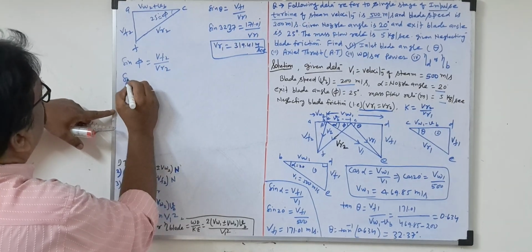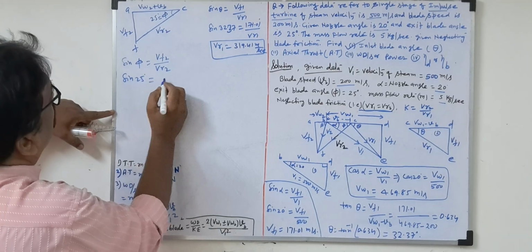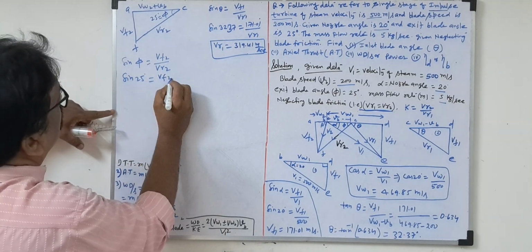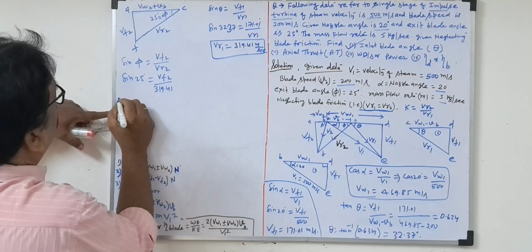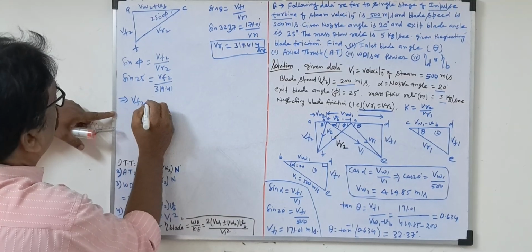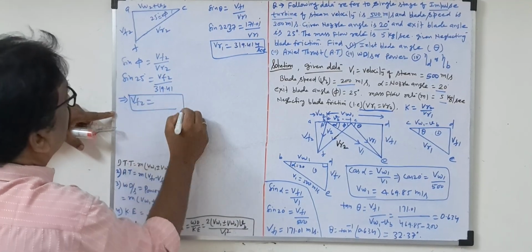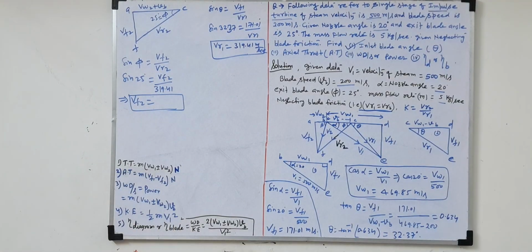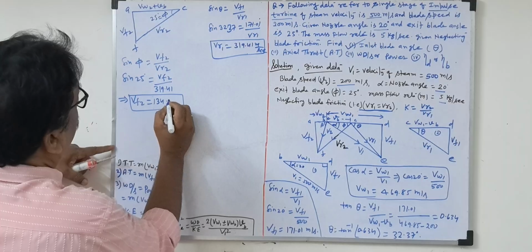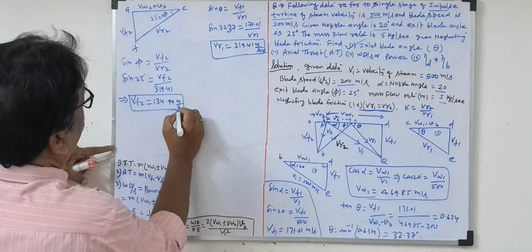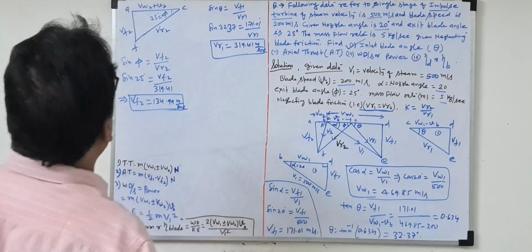Sin 25 degrees is equal to VF2, which I need, over VR2, which is nothing but 319.41. So VF2 we can find out here. VF2 we calculated as 134.99 meter per second.